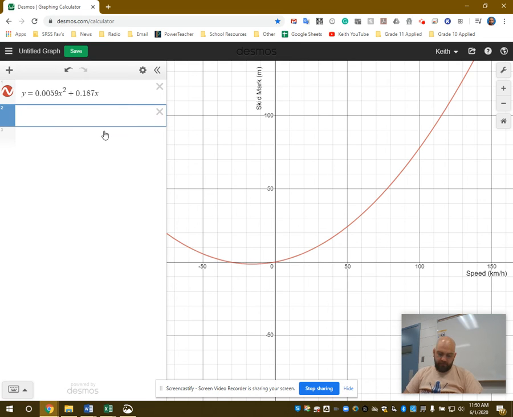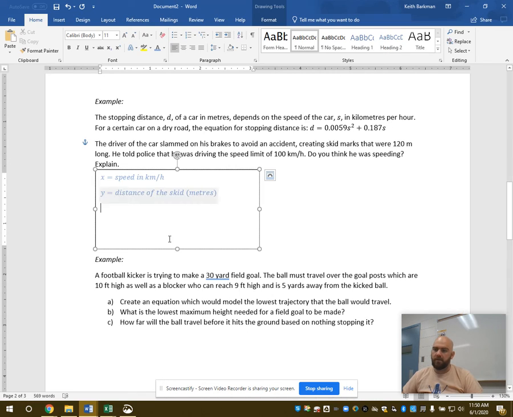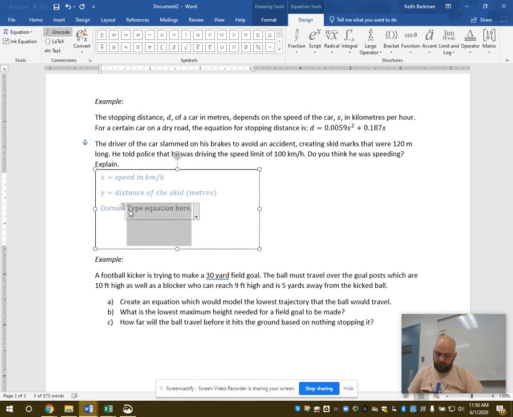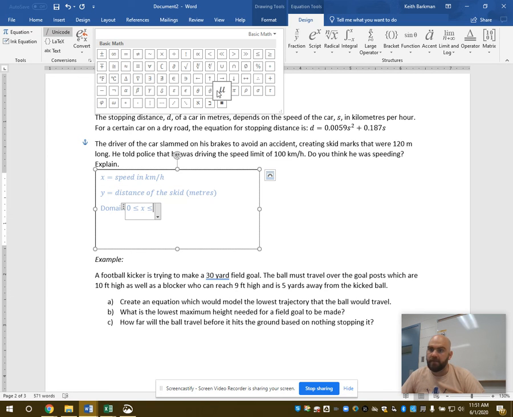Okay, our domain for this one here. And actually, you know what? I'm going to do domain on here. So we're going to have 0 is less than or equal to x, which is less than or equal to infinity. And I just need to find my infinity button here.